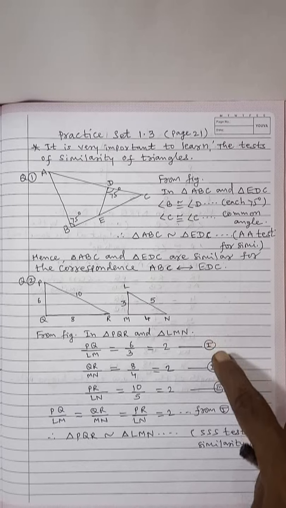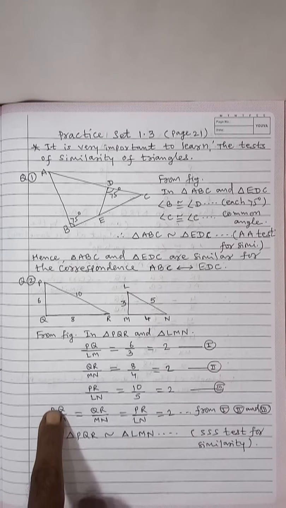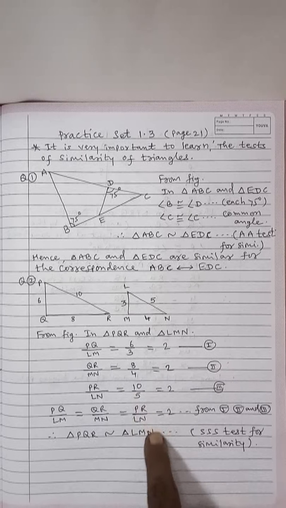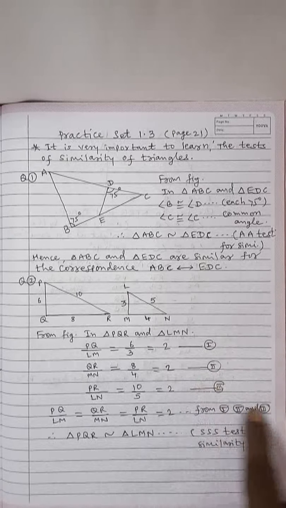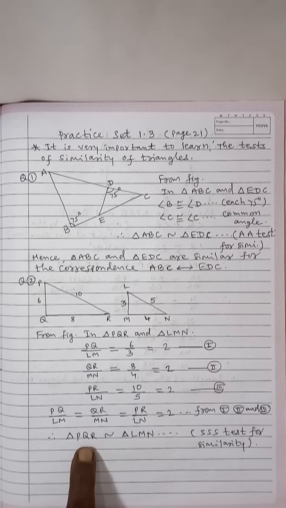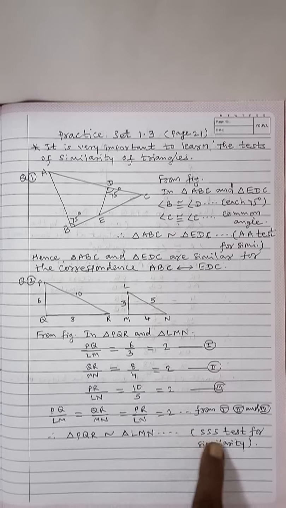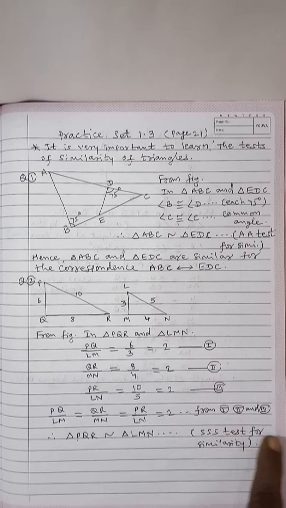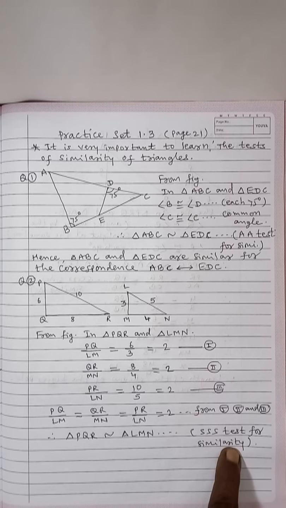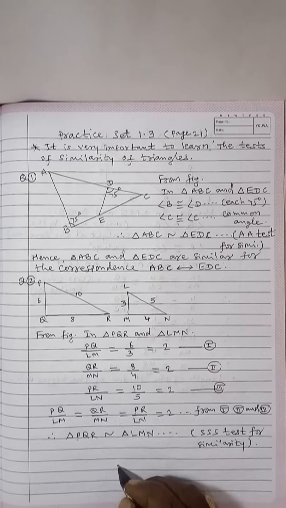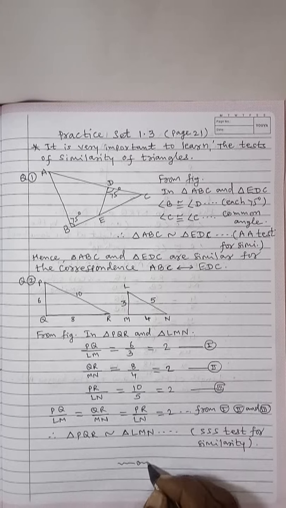So from 1, 2 and 3, PQ upon LM is equal to QR upon MN is equal to PR upon LN, which is equal to 2. From these three results, triangle PQR is similar to triangle LMN. The reason for this is the side test for similarity of triangles. As the corresponding sides are in the same proportion, the two triangles are similar by the side test.